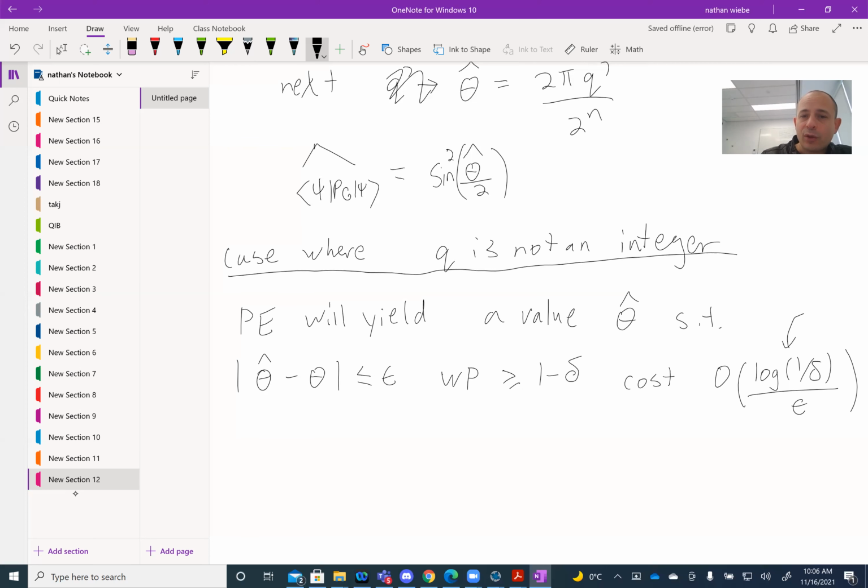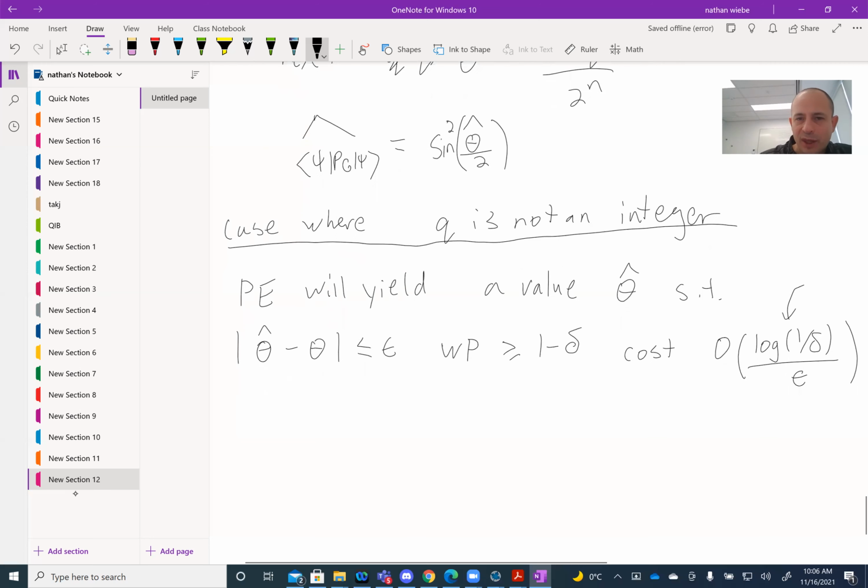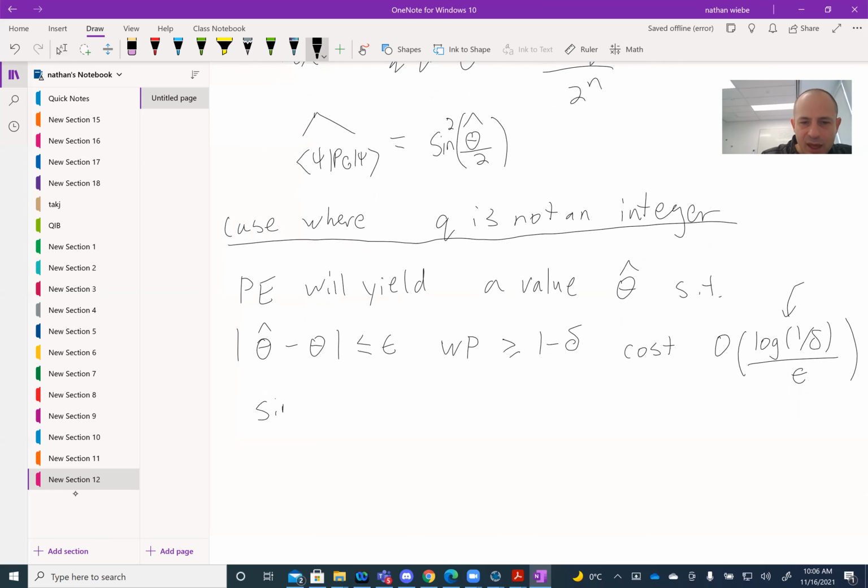However, the question is, how do the errors propagate? We have sine squared of (theta hat over 2 plus epsilon) minus sine squared of theta over 2, which is what we want to figure out. Like, what's the error in our final estimate of our particular values?